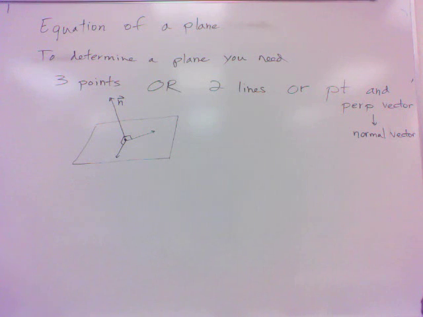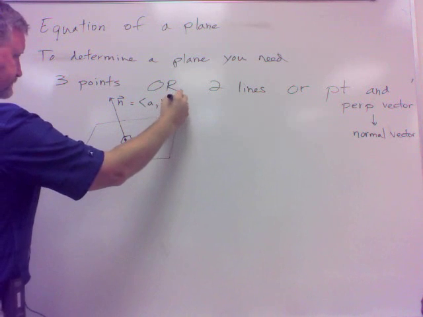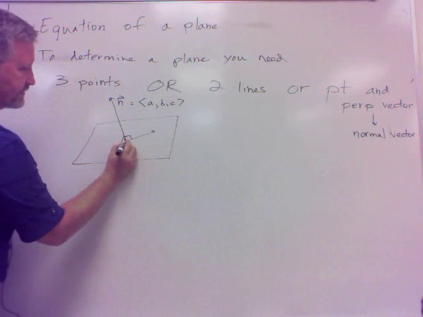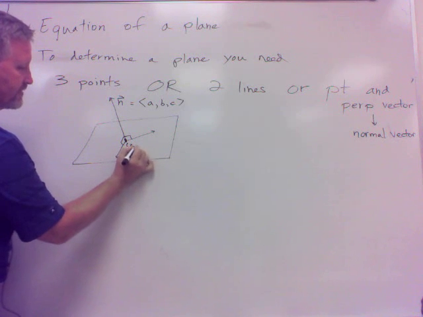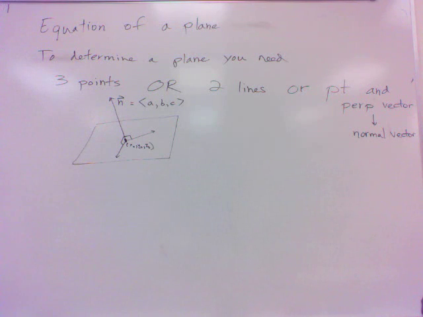Now some other notation here. N they're going to represent with the ABC, because that's just going to be the given information. Well, one way we're going to do it is with that given information. Now, our original point, also x0, y0, z0, just like we started with on the equations of lines just a second ago.